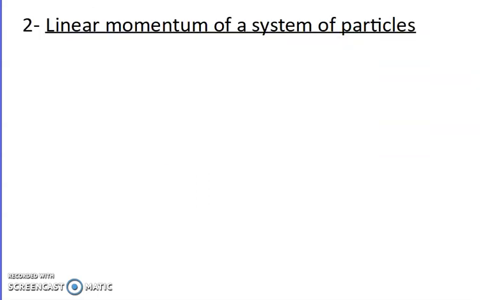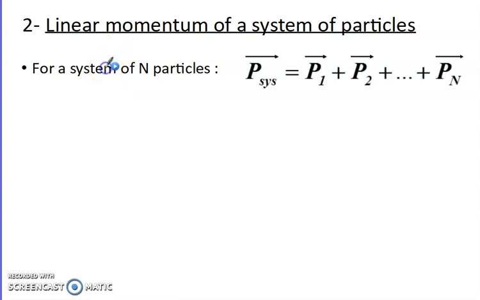Now, the linear momentum of a system of particles. You know the meaning of system of particles, means the group of particles, okay? So by definition, for one particle, we observe that the linear momentum is P equal mv. For a system of particles, it is what?